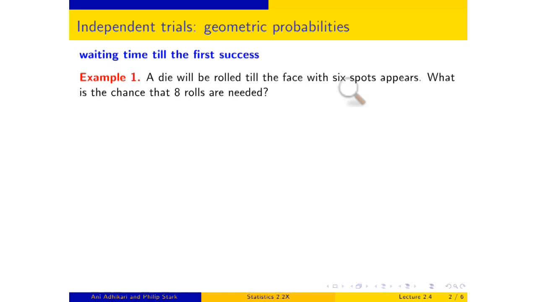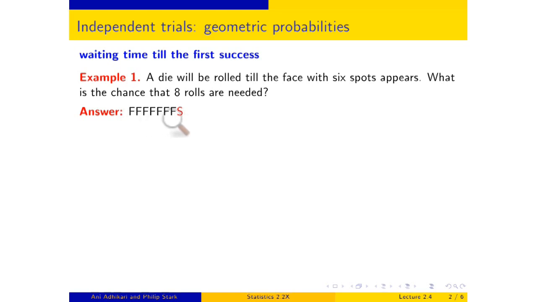All right, so if 8 rolls are needed, then what happened on that 8th roll? It's rather special, is it not? That's right. On the 8th roll, we saw the face with 6 spots. What about the first 7? We better not have seen that face in those 7. And so there is one pattern that allows us to get the success for the first time on trial number 8.